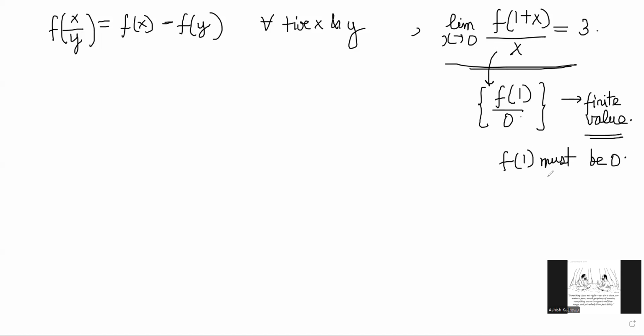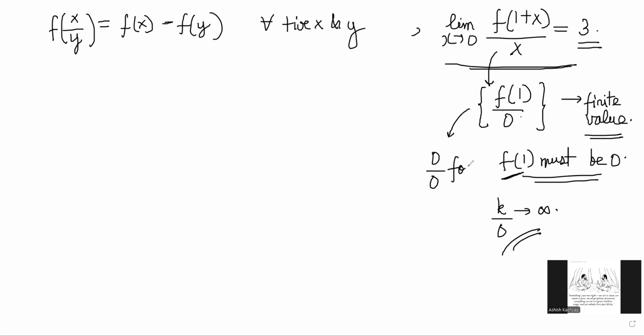Think about it. If f of 1 is not 0, it will be some constant k by 0, which will turn to infinite, right? So if they have given us the fact that limit of this expression is 3, which is a finite value, then f of 1 must be 0 and it must become 0 by 0 form, right?